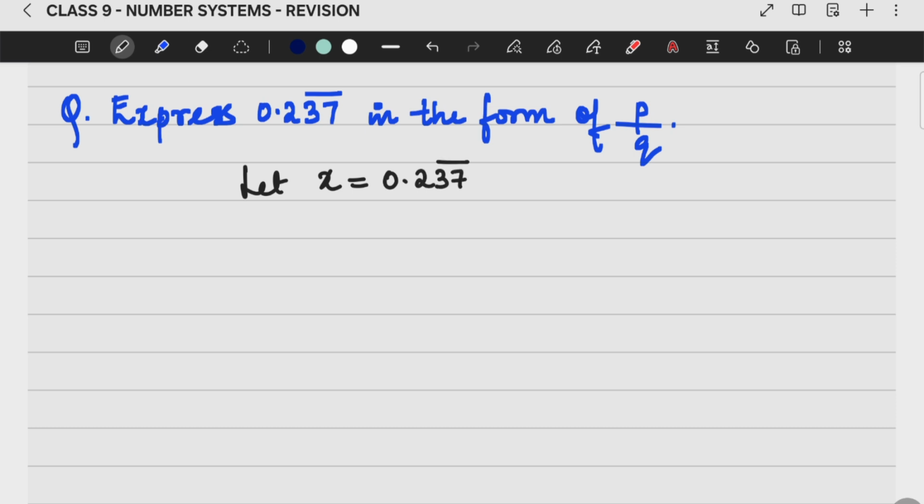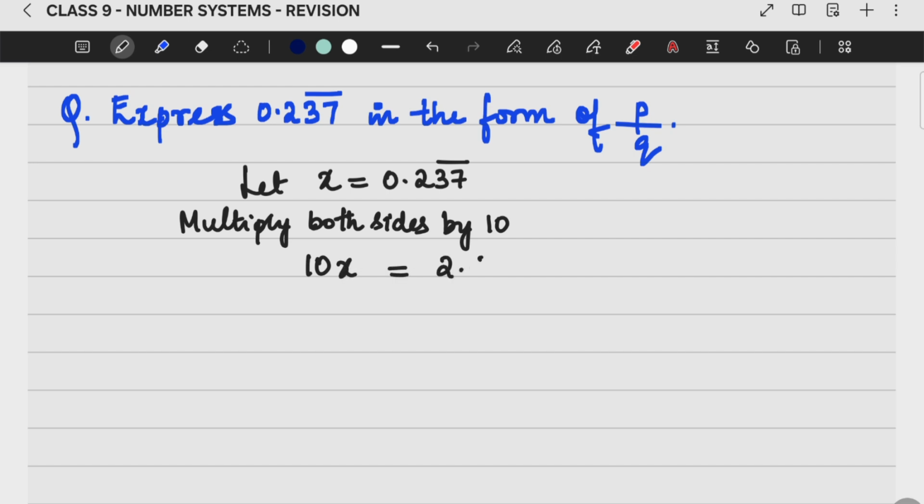But we will not be taking it as equation 1. We will multiply both sides by 10. So when we multiply both the sides by 10, it becomes 10x equal to 2.37 bar. So one of the digits after the decimal point gets shifted to the left when you are multiplying by 10.